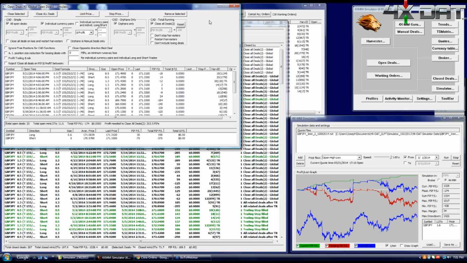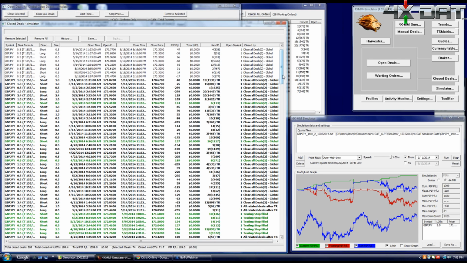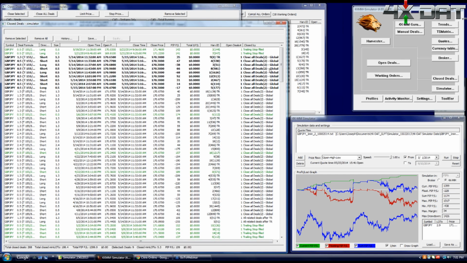In this particular instance, it's a little more. We actually made about 169 pips on this sequence. The next sequence is just basically global close all deals right there. We made 109 pips there.